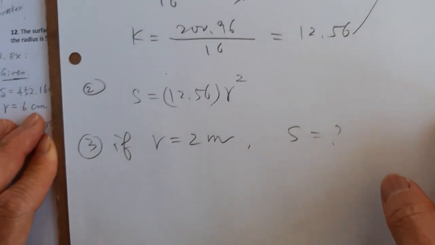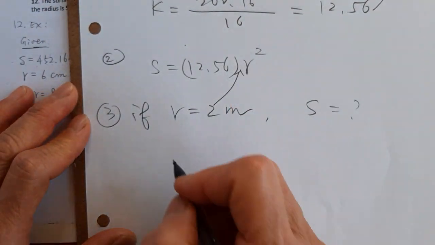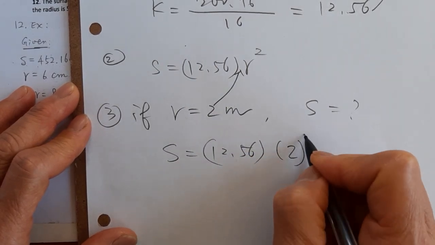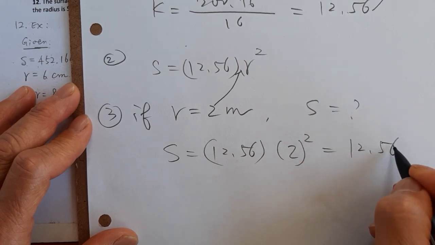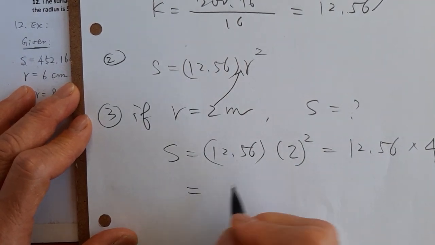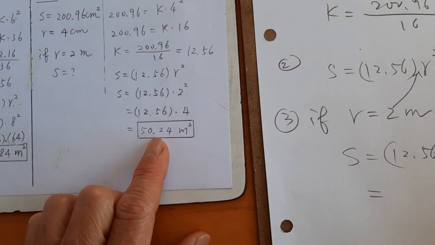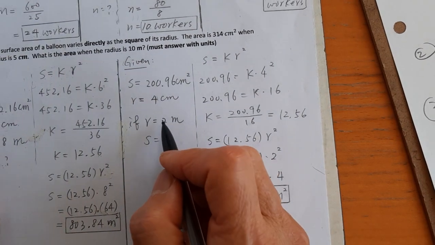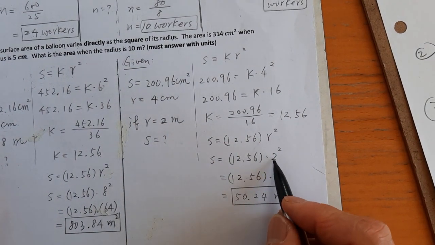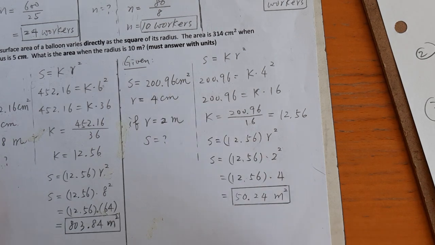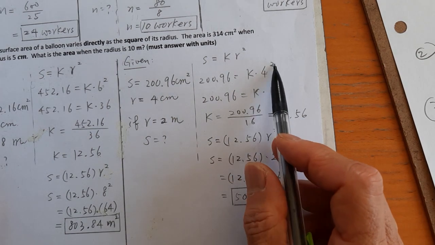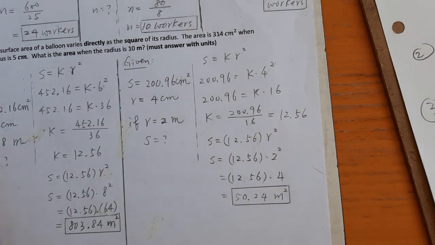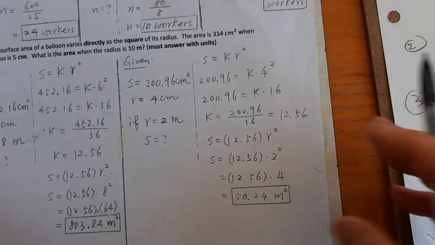So R equals 2 meters, you put it in for R. S will be 12.56 times 2 squared. 2 squared is 4, so 12.56 times 4 gives 50.24. But you have to put the units, because here R is 2 meters. 2 meters squared gives meters squared. This one is centimeters, 4 centimeters squared is centimeters squared. So you got this one.